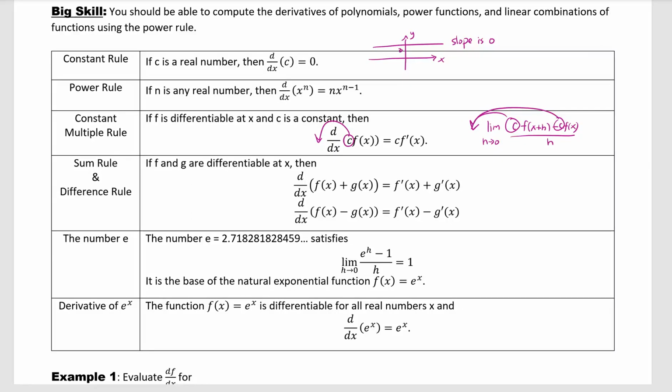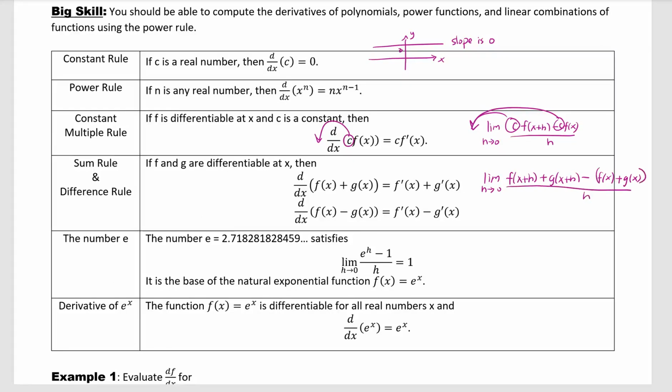And for the sum rule and difference rule, the derivative of a sum equals the sum of derivatives. The derivative of a difference equals the difference of derivatives. Well, that is because the derivative is a limit, so if we have a sum, f of x plus h plus g of x plus h minus f of x plus g of x.